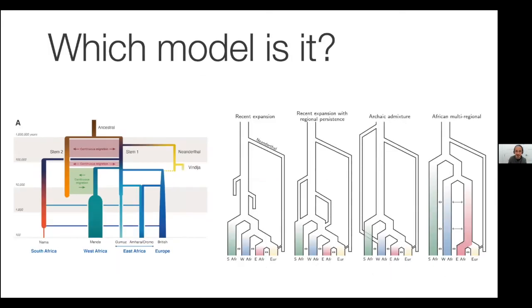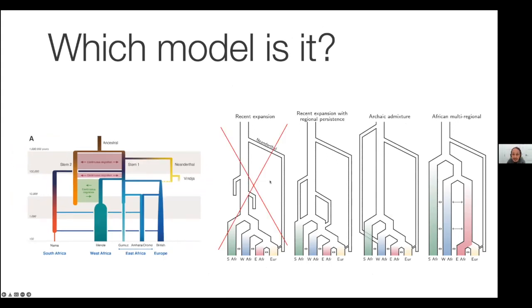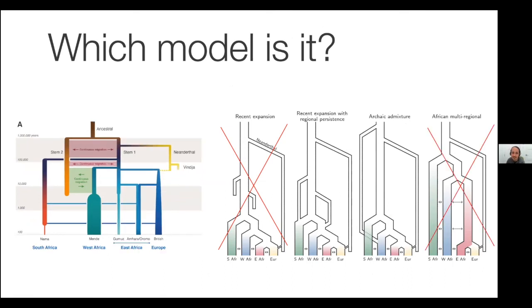So if we take this model and try to translate this back into anthropological language, what we can say with a high degree of confidence, I think, is that the model of a recent expansion is not supported by the data. There's strong evidence for deep population structure. I would also argue that it probably doesn't really look like an African multi-regional model, in the sense that if we trace back from the present day population, there's a lot of mixing that happens in all these models, such that we can't trace a single population back more than 100,000 years or so.